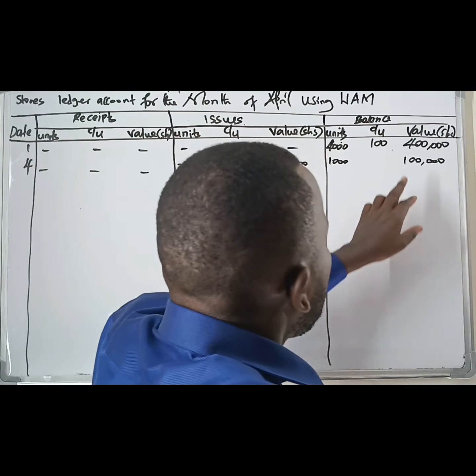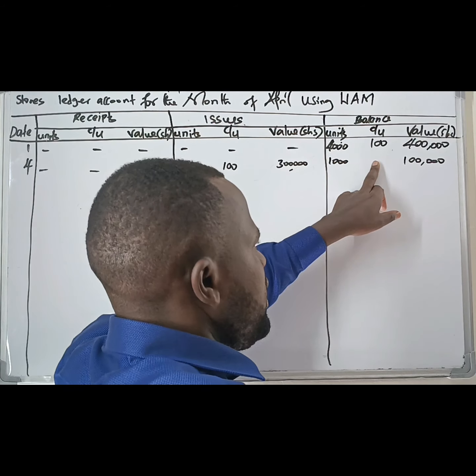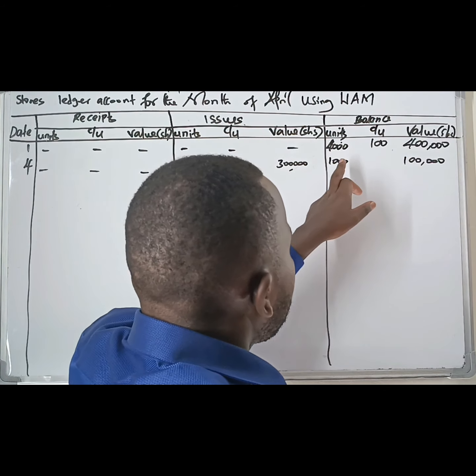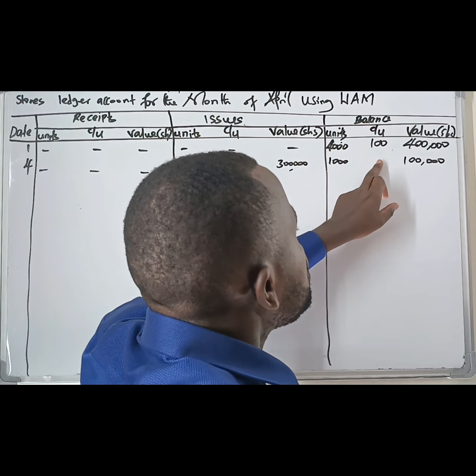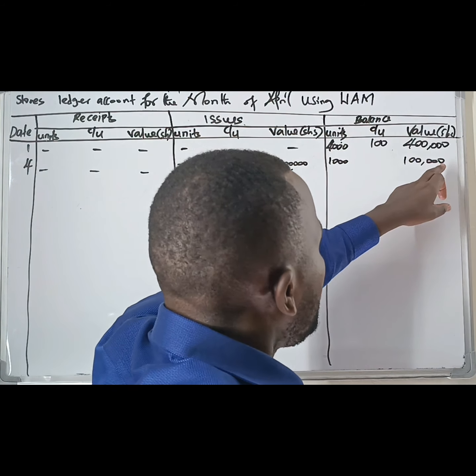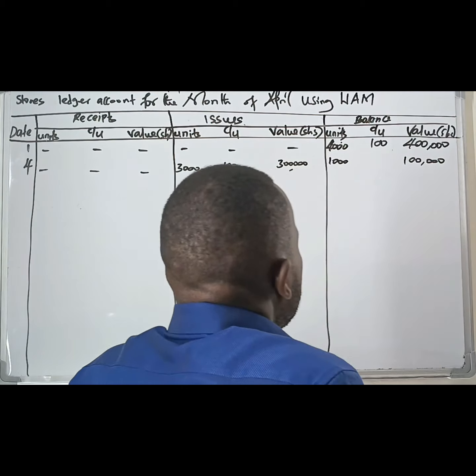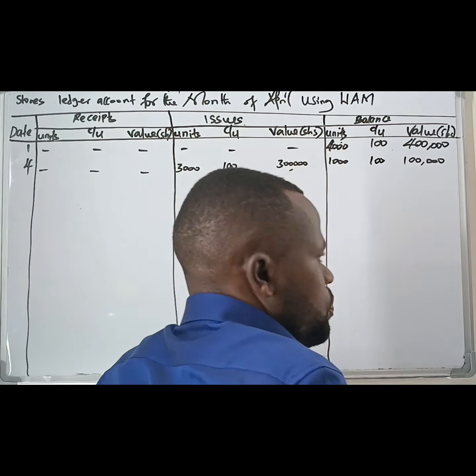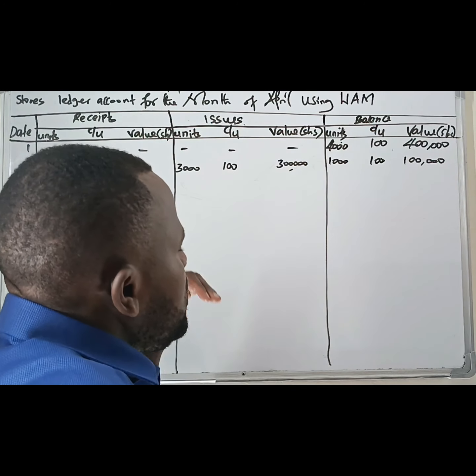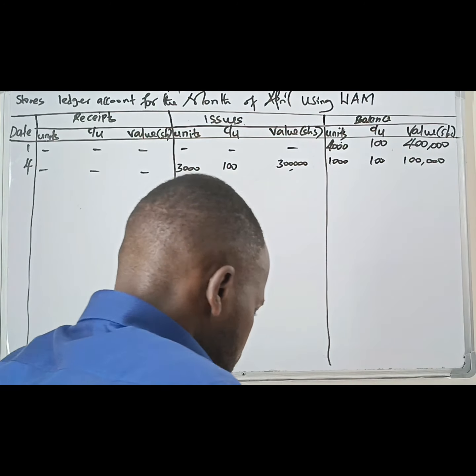If you want to know the cost per unit every day, you determine the value divided by the units. Using the weighted average method, you must get the cost per unit every day. So 100,000 divided by 1,000, the 3 zeros will go and remain with 100. So that's the cost per unit, so that if the next one is an issue, you issue again at 100.